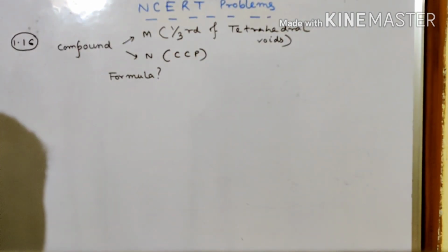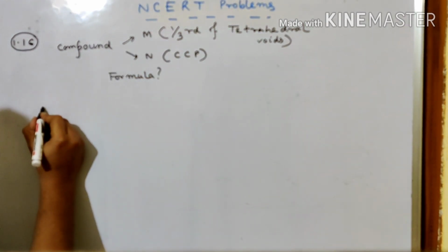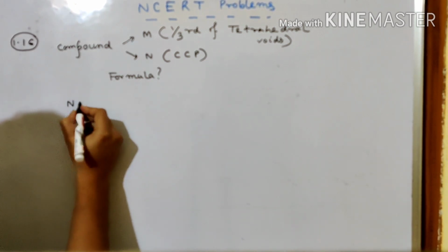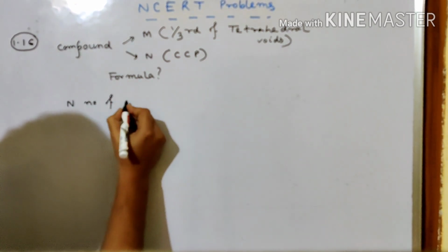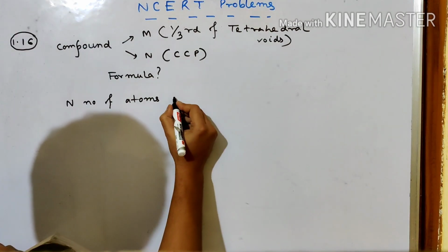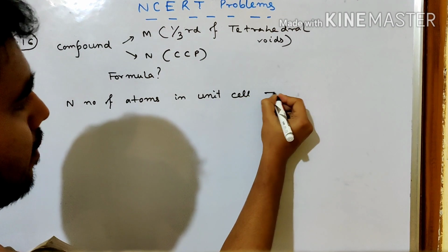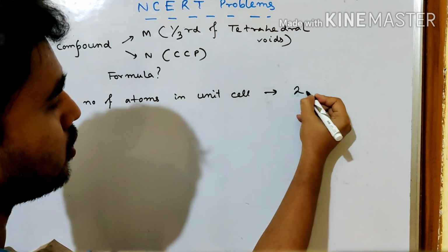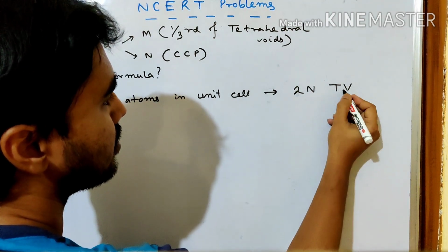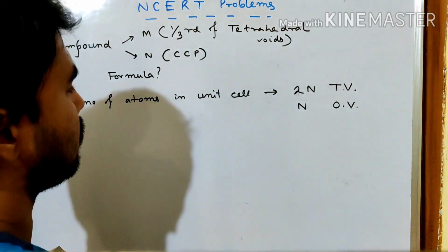Now, we know that if there are n number of atoms in a unit cell, there are 2n tetrahedral voids and n octahedral voids.